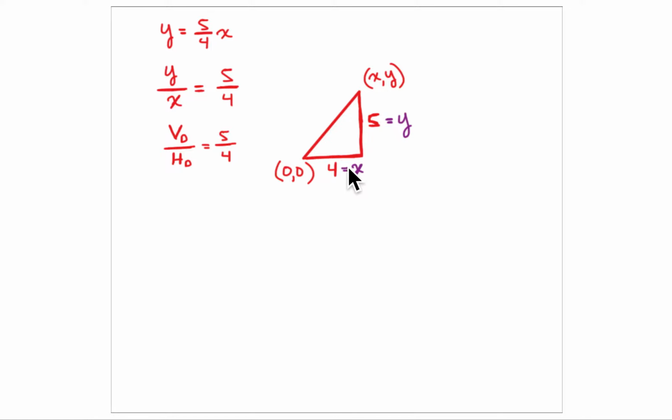So this value would be x minus something. And if the slope triangle was shifted up here somewhere, this value would be y minus something. But because this slope triangle is already against the origin, you don't have to shift anything.